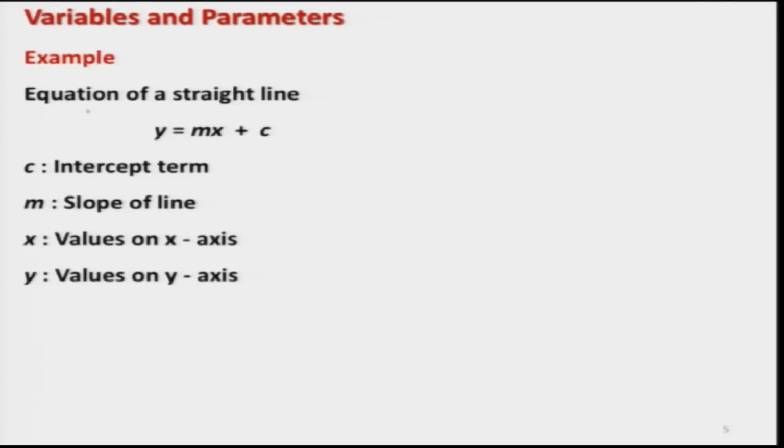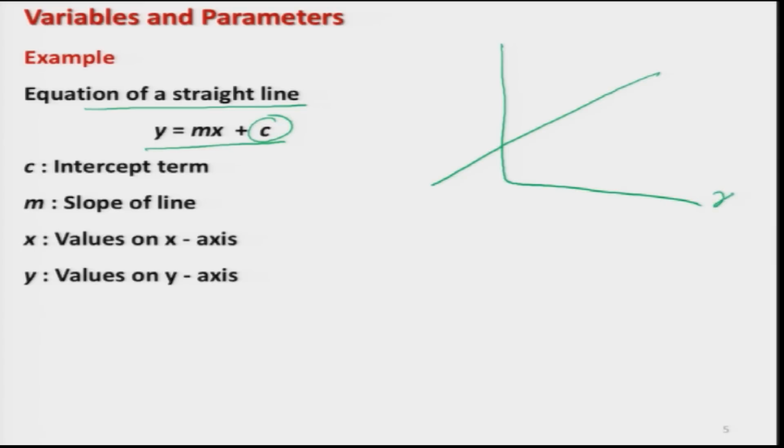So, we know that the equation of a straight line is given by y equal to mx plus c, where c is the intercept term and this line suppose looks like this. Here x is the x axis and this x is going to indicate the values on the x axis, and this is my y axis, and this y is going to connote the values on the y axis, and this quantity here is say c.